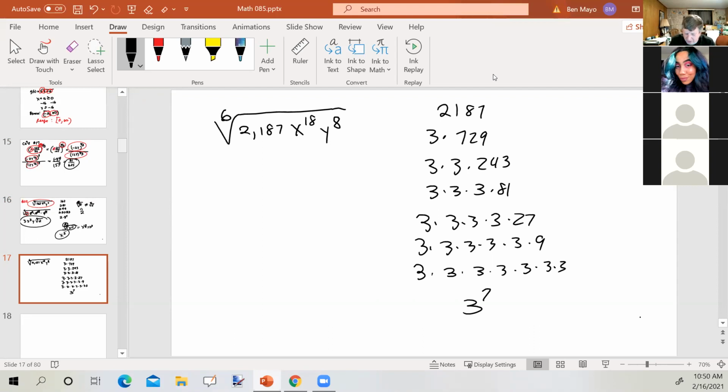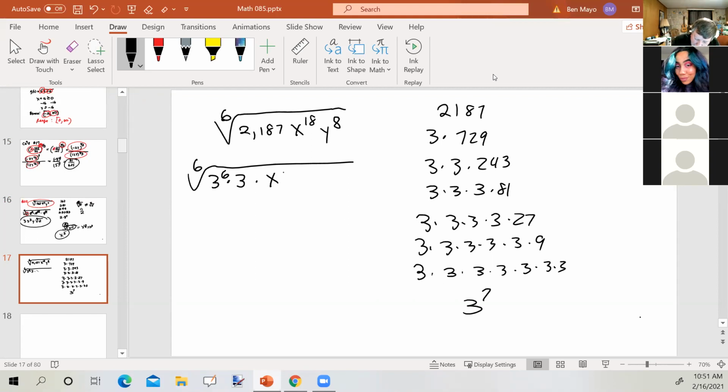No. Okay, so here's what I'm going to do. I'm going to rewrite my radical. And instead of 3 to the 7th power, I'm going to write 3 to the 6th power times 3. Why? Because I want my exponents to match the index or be multiples of the index. So 3 to the 6th power, the 6's match, and 3 to the 1 power is left over.